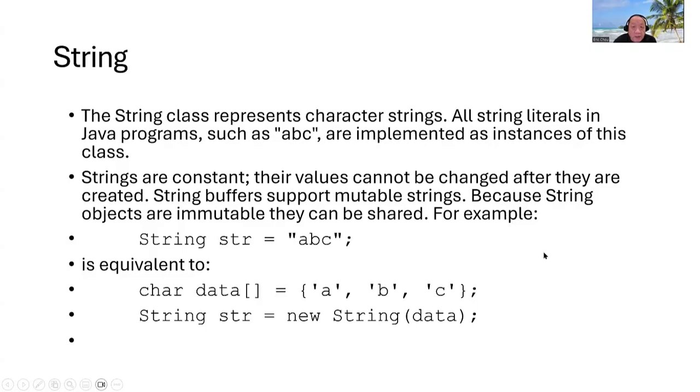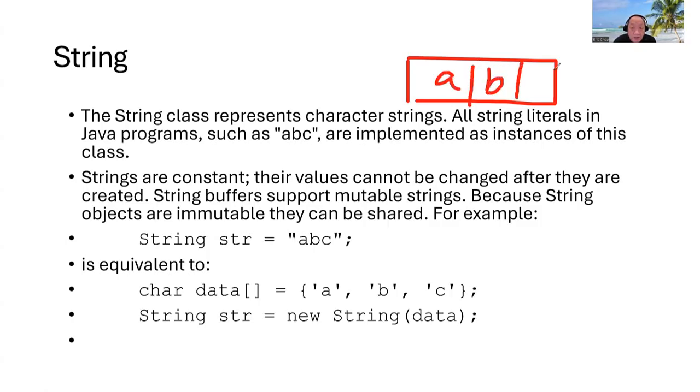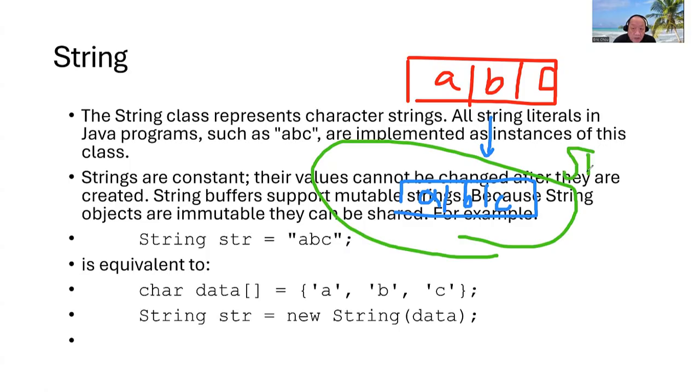Anyway, right here, you say String str equals new String(data). Data is an array, so basically this array has A, B, C. And then this creates a new string based on this data. So this data is loaded to direct memory, and it's A, B, C, and then wrapped up as a string object.